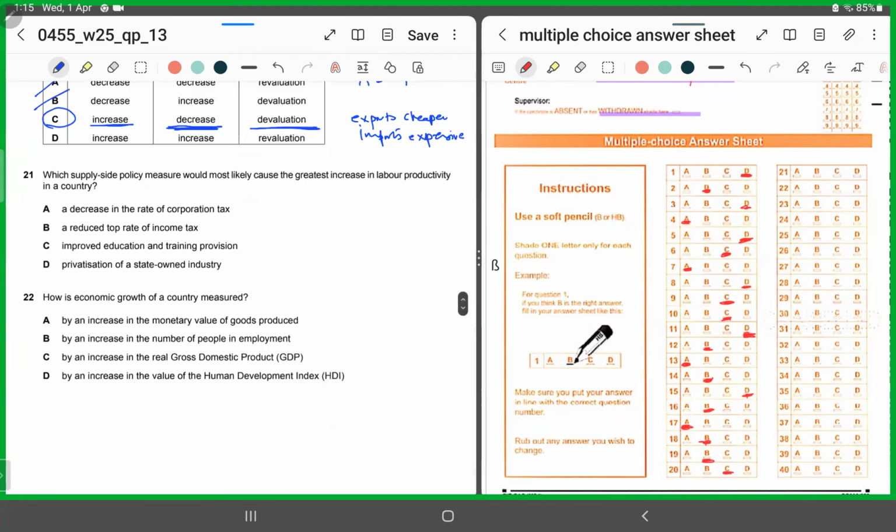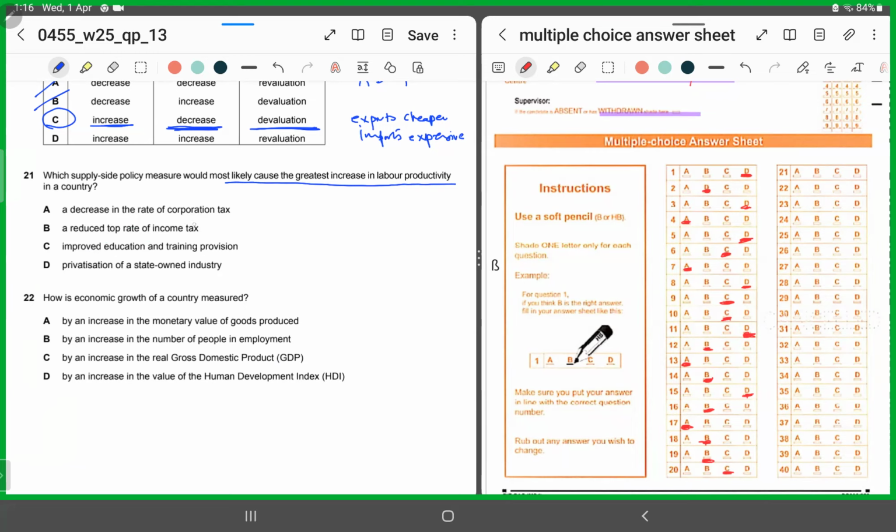I hope it's clear. Moving forward, MCQ number 21. Which supply side policy measure would most likely cause the greatest increase in labor productivity? Out of these four options, which one would yield the highest labor productivity? A decrease in the corporation tax, a reduction in income tax rate at the top level, improved education, privatization of a state-owned industry.